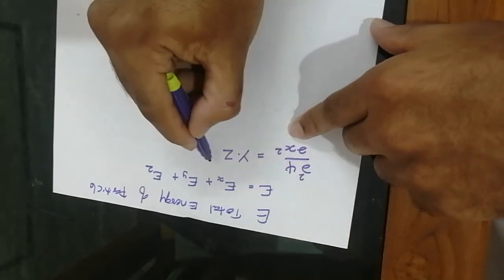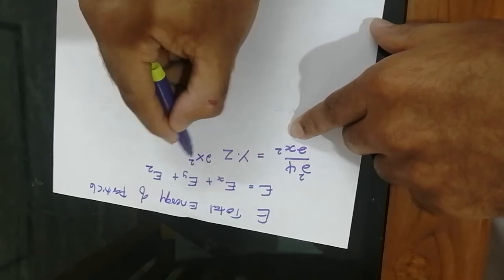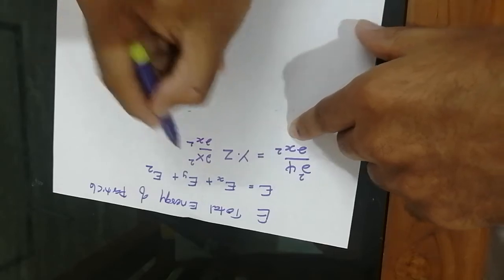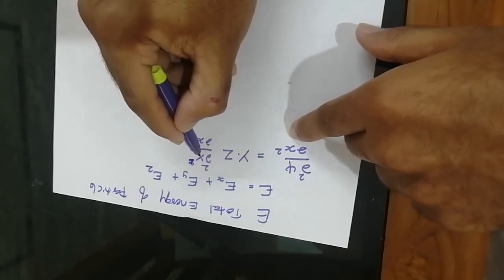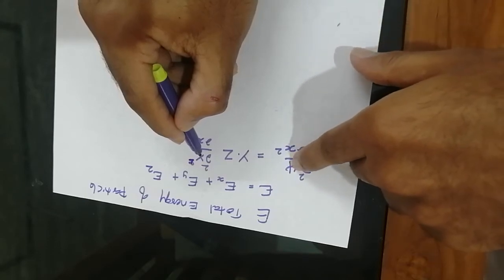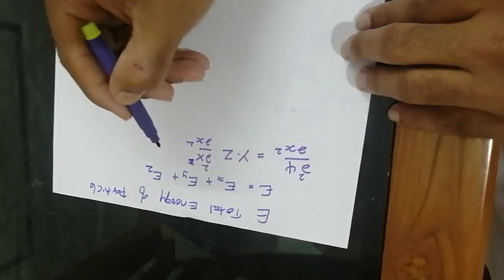Therefore, we will get YZ dou square X by dou x square, where X is the wave function of psi along the x component.